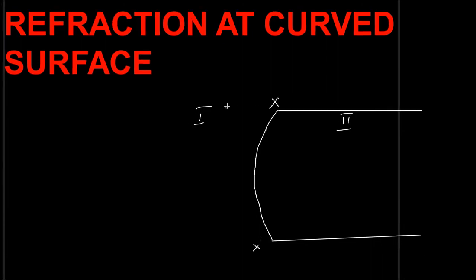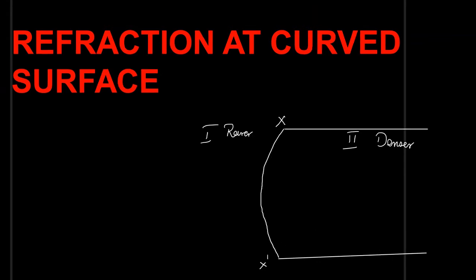Medium 1 is the rarer medium and medium 2 is the denser medium. So let us consider an object which is placed on the principal axis of this curved surface.